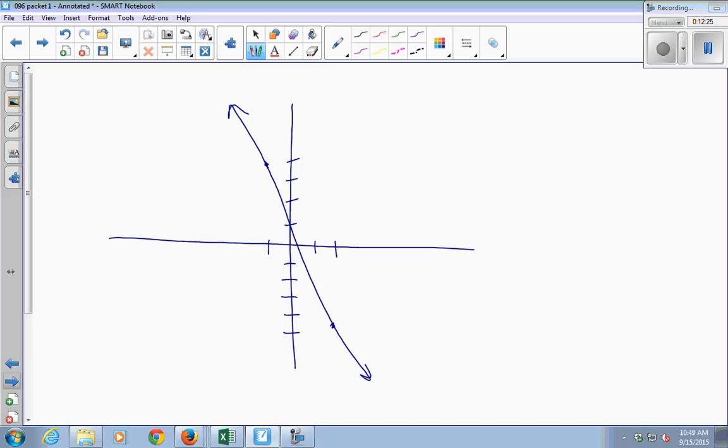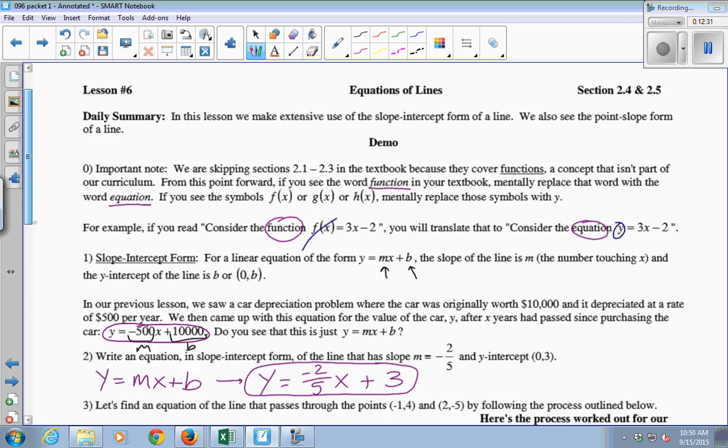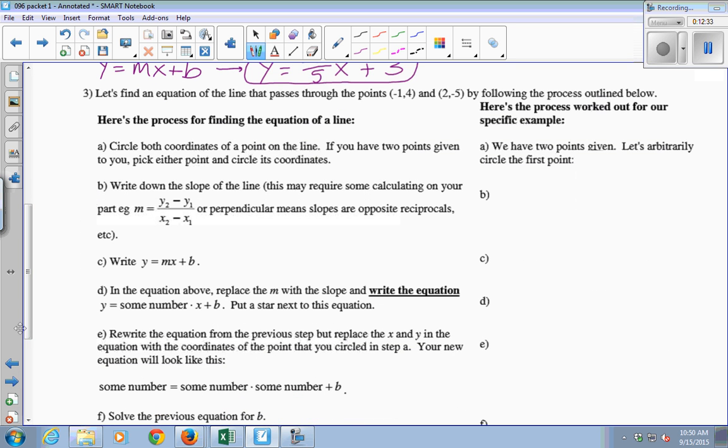I can start by writing down y = mx + b. Every line, as long as it's not vertical, can be described in that format. We have 2 points given. We're arbitrarily going to circle the first point. You can circle either one. Just circle one of your 2 points. I chose the first one.